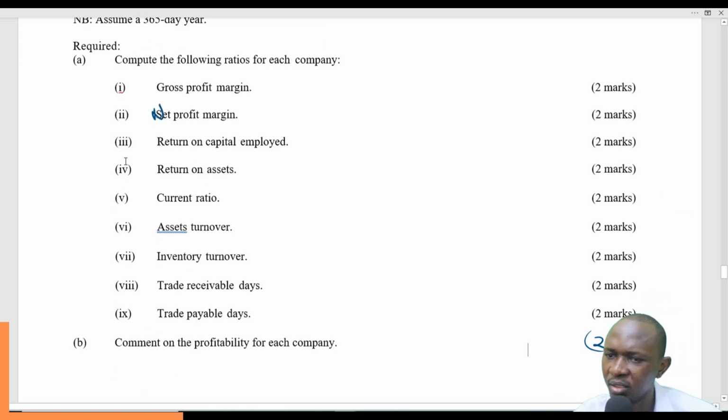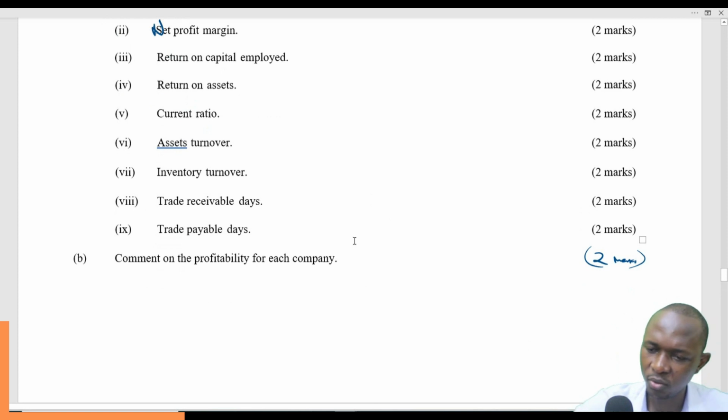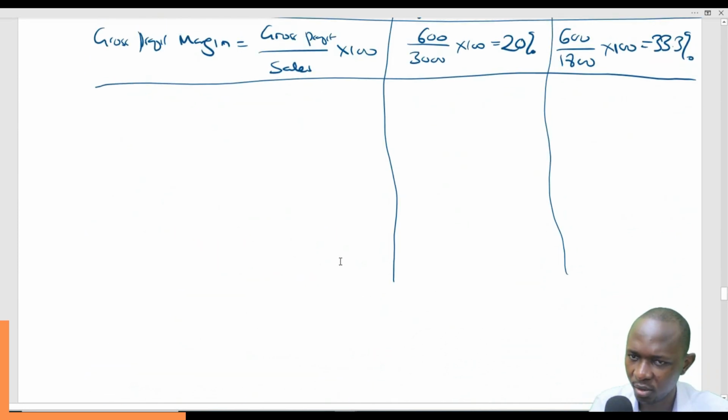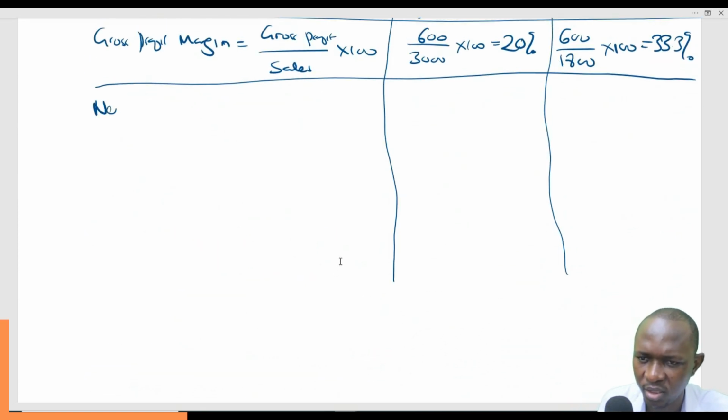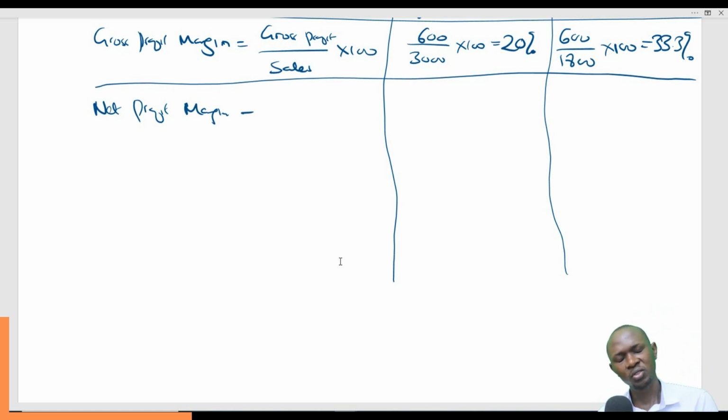Net profit margin. So we'll come here and do the net profit margin. I normally say this ratio analysis is a quick question, so long as you know the formulas. So make sure you understand the formula, and you need to understand the formula, not to cram them.